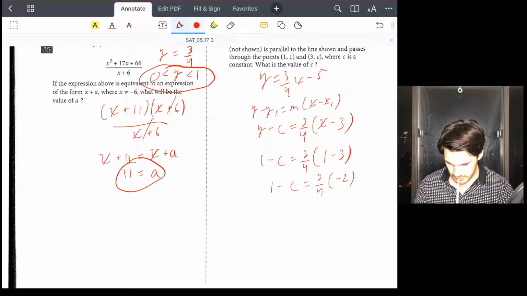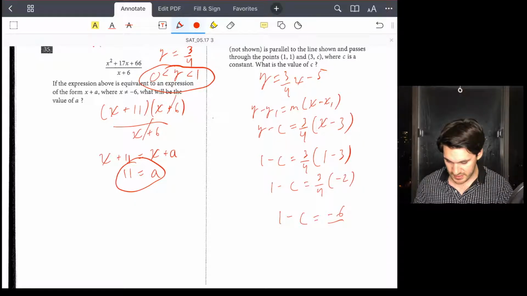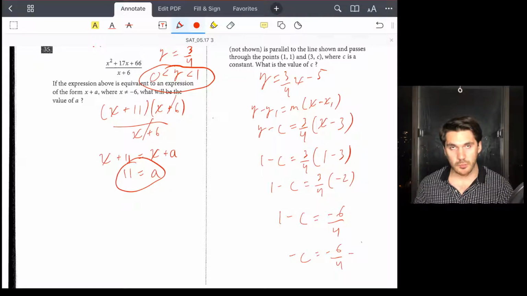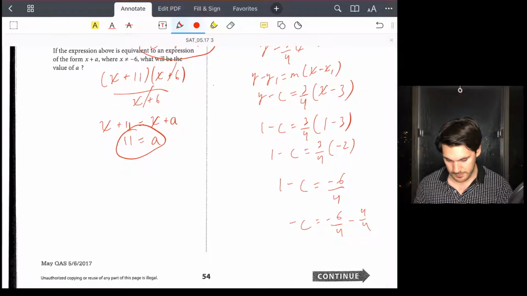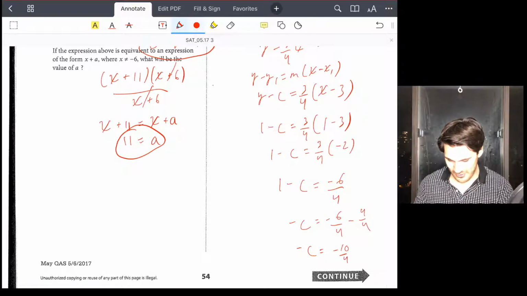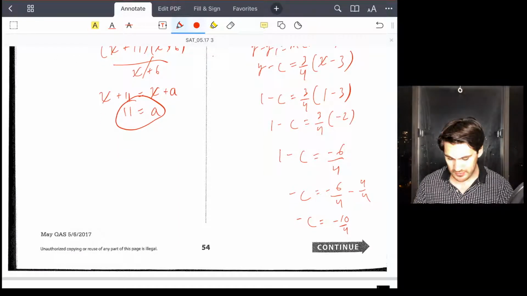Did I mess something up? Nope, everything's good. So 1 minus c equals -6/4. So -c equals -6/4 minus 1, which is -4/4. So -c equals -10/4. So that means regular c equals 10/4.